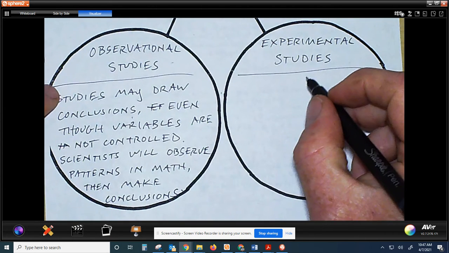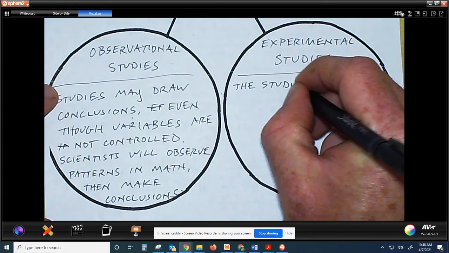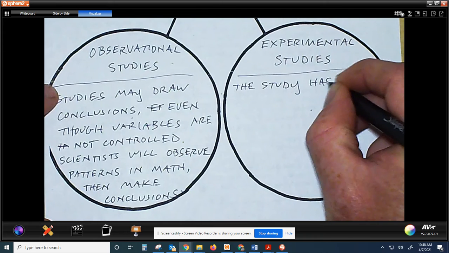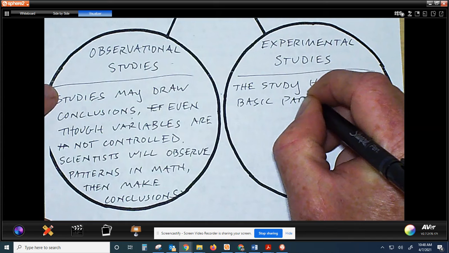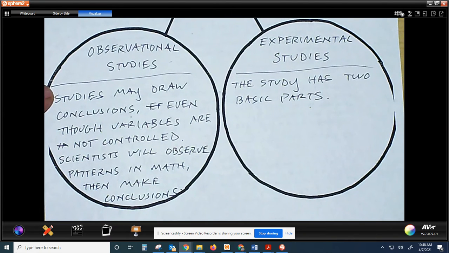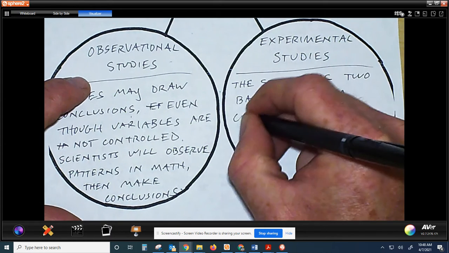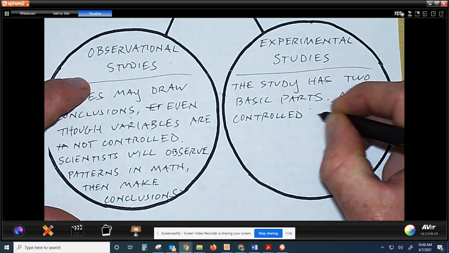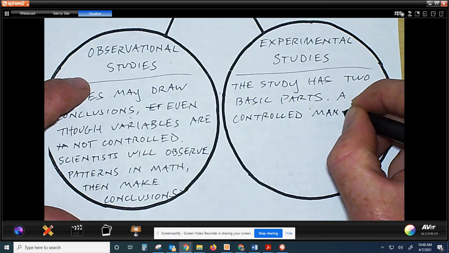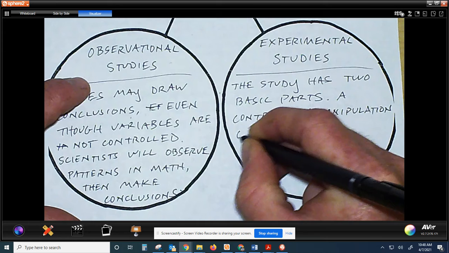So, in an experimental study, the study has two basic parts. One part is a controlled manipulation, which means a forced change, manipulation of a variable.